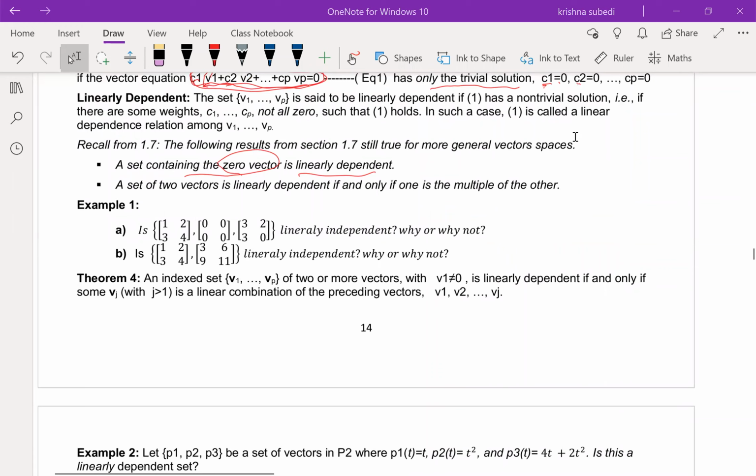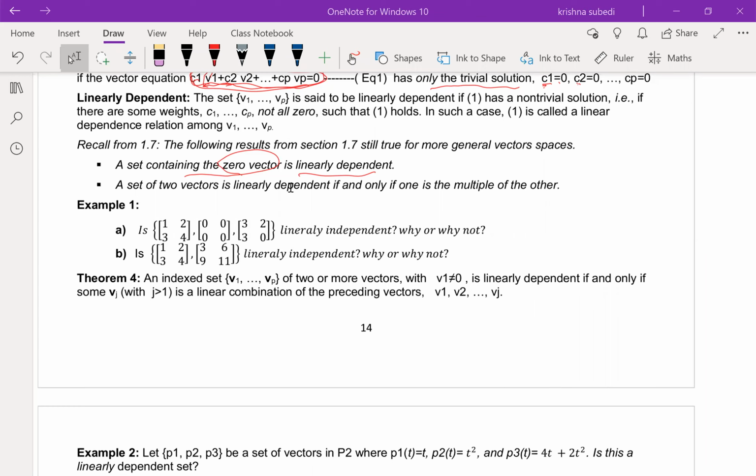You can write either in the chat room or you can tell me using your microphone. Sometimes I'll call your name as well. It's a dependent set because it contains the 0 vector. Excellent. Yes, because it contains the 0 vector.